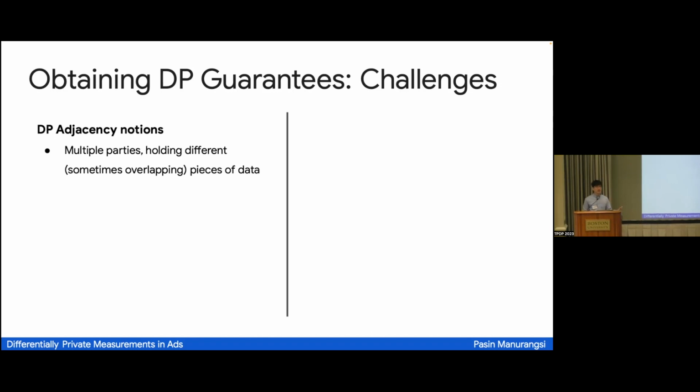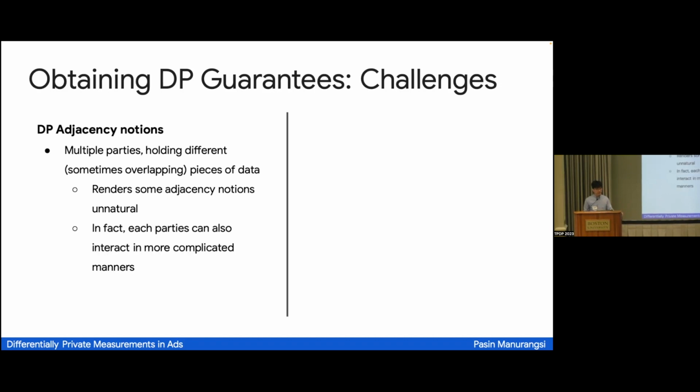And these different parties hold different parts of the information of the user. So this means that sometimes some notions that seem natural become unnatural in this setting, and we have to be careful. And the different parties can also interact in a non-trivial manner that has to be taken into account as well.